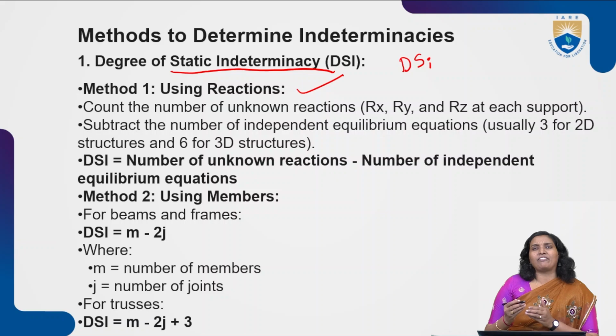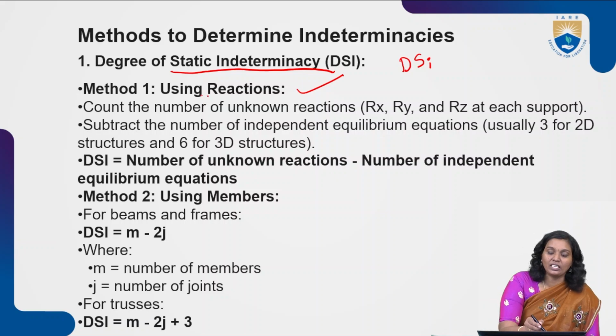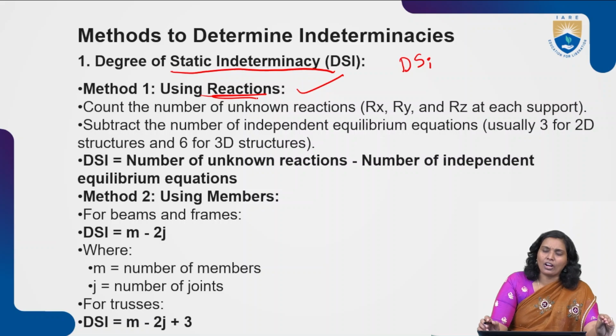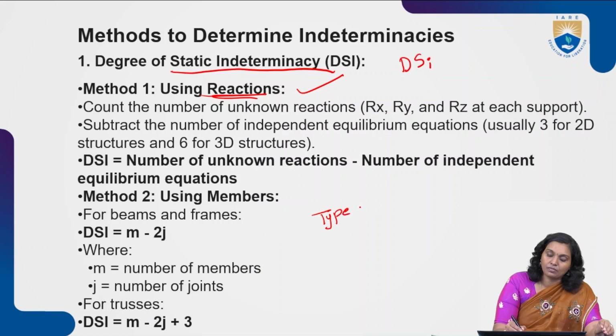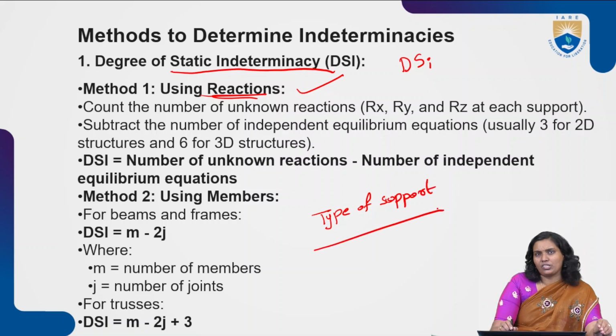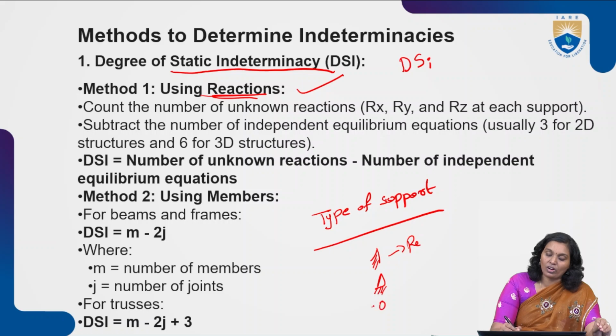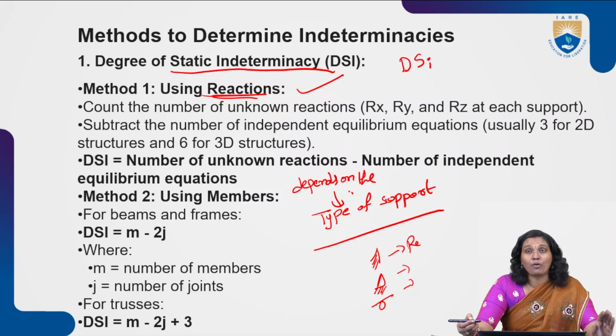The number of unknown reactions depends upon the type of support. Each support has its own number of reactions. Fixed support has its reactions, hinged has its reactions, and roller has its own different kinds of reactions. It depends on the type of support.